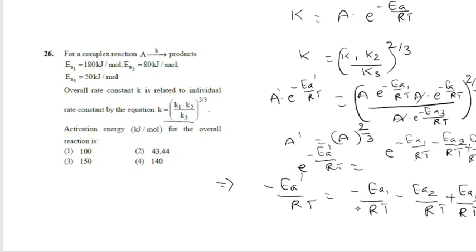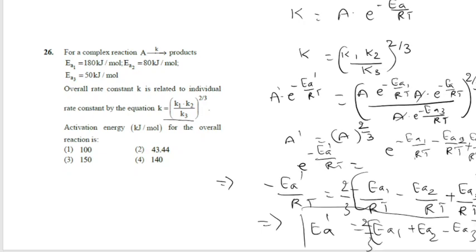After applying the natural logarithm here, this implies if RT gets cancelled out, you will have that EA dash as EA1 plus EA2 minus EA3. And here what we forgot, it's 2 by 3 we forgot here. In fact, it comes before that. 2 by 3 factor comes before this particular EA1 by RT. So 2 by 3 into EA1 plus EA2 minus EA3. This is the formula to calculate the activation energy.